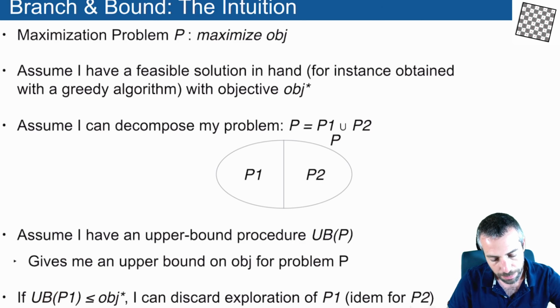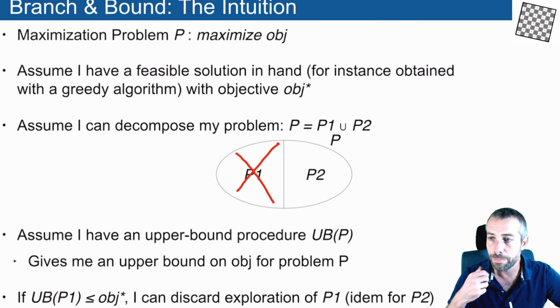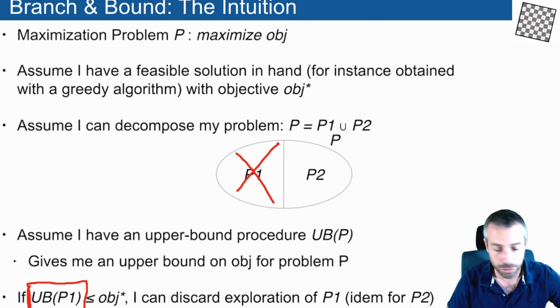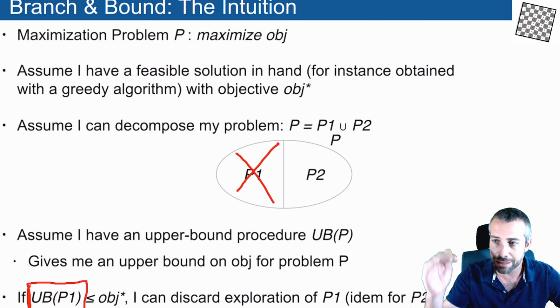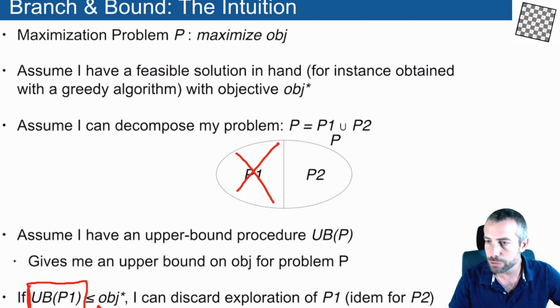It means that you don't even need to explore P1, because in the best case, if you are really optimistic, you would be able to reach this upper bound. Of course, this is an upper bound, so maybe the best solution there is even lower than this. But even if you're optimistic, you are less good than what you have already found. So you don't need to explore that part of the search tree, and you can discard the exploration of P1.